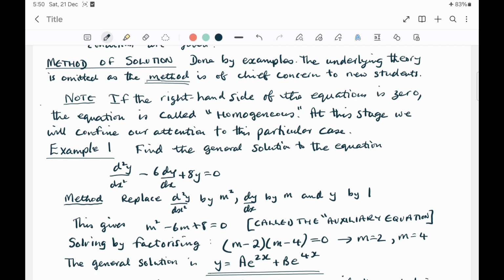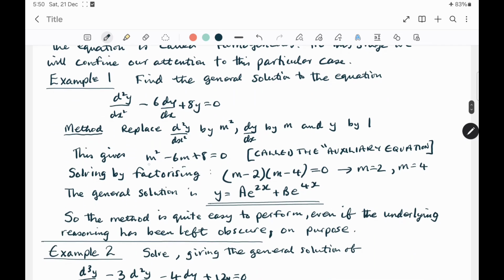I want us just to concentrate on how it is done. So we will replace d2y dx squared by m squared, dy dx by m, and y by 1. And this will give us an equation in m here, which is m squared minus 6m plus 8 is 0.